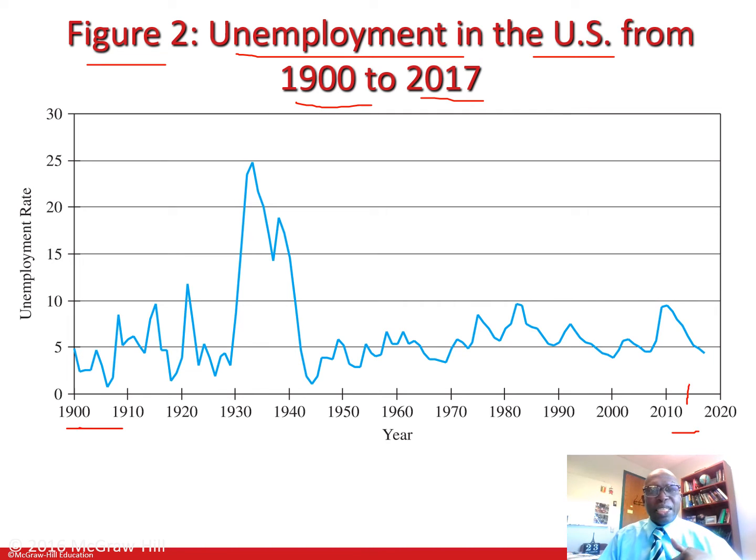The unemployment rate changes dramatically over time with ups and downs, from a peak of 25% in 1933 during the Great Depression to lows of 1% in 1906 or 1944 at the end of World War II.